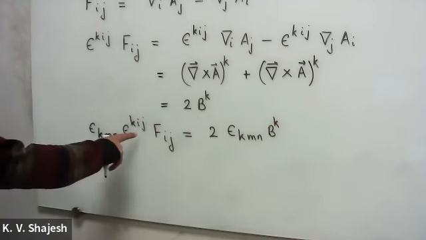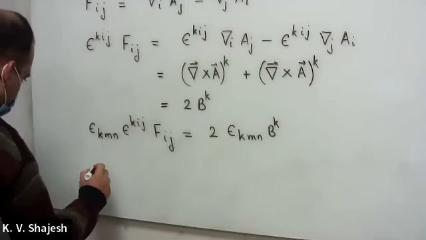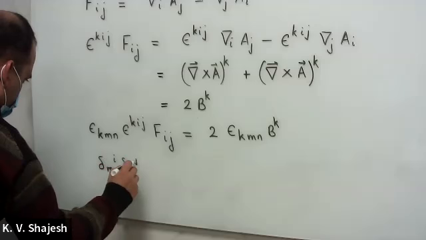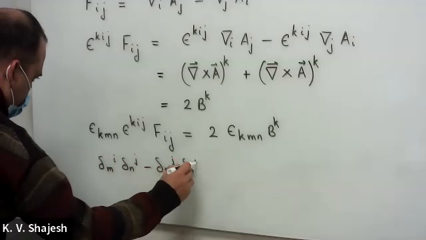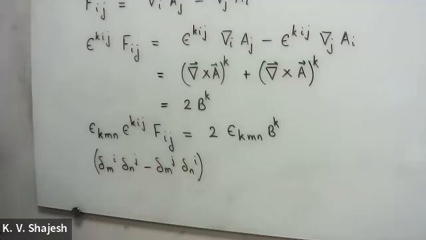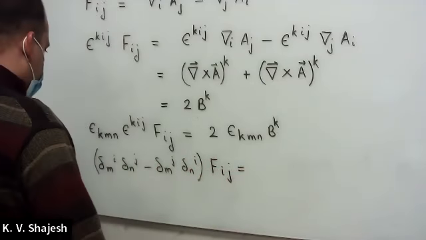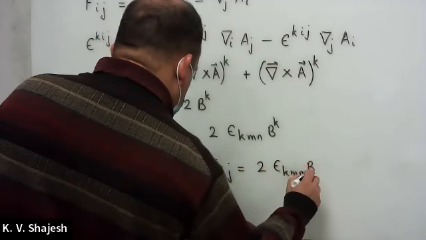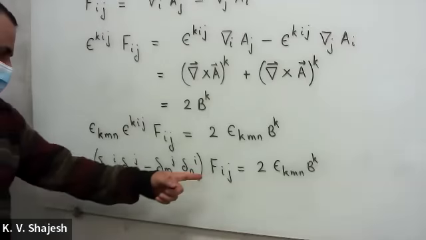Okay. This is an identity, right? We know this identity for the epsilon symbol. So this is delta m i delta n j minus delta m j delta n i, times F i j is equal to 2 times epsilon k m n B k. This simply replaces i and j with m and n.